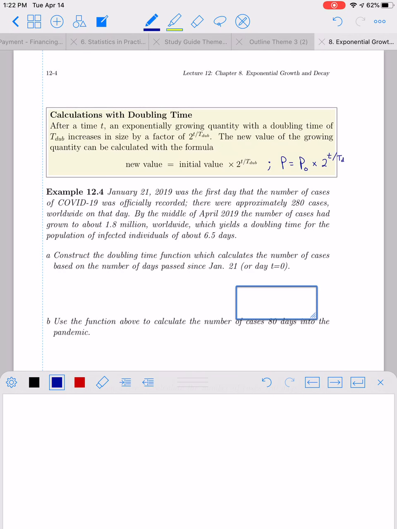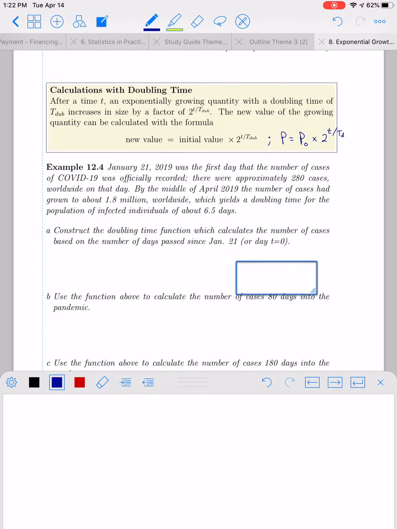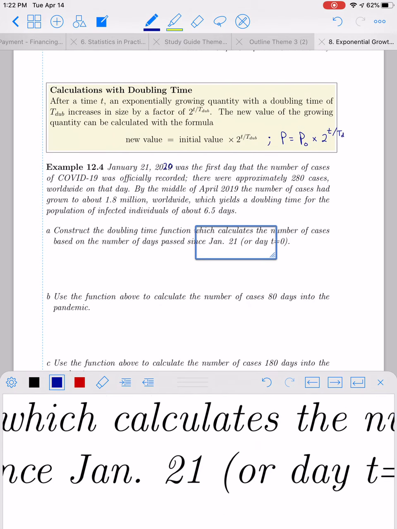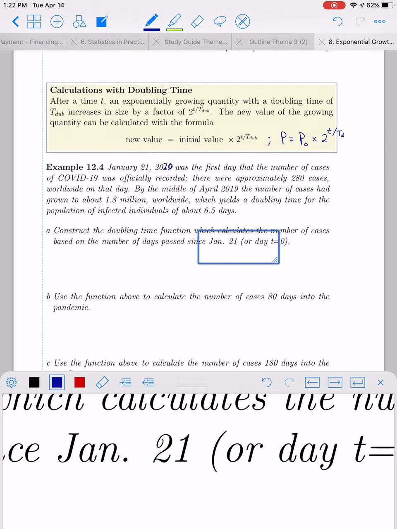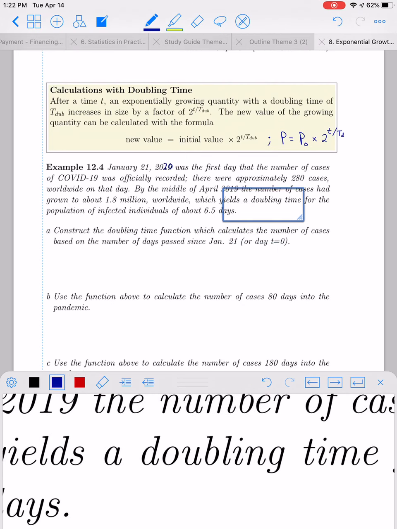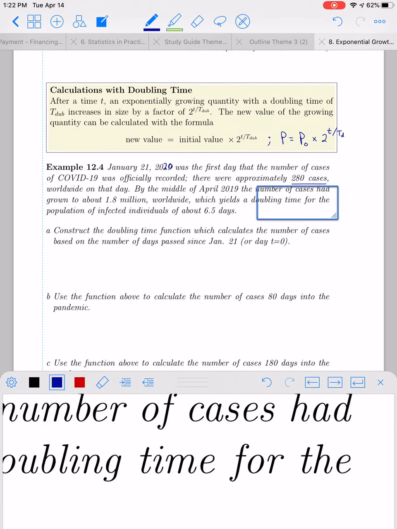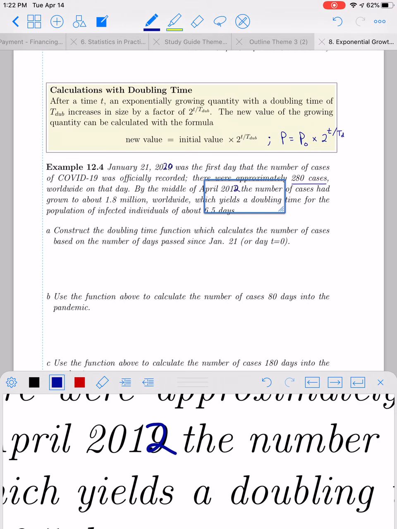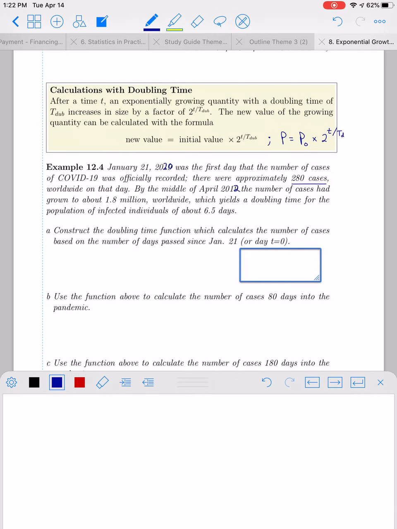So an appropriate example to look at is one involving COVID-19 infections. On January 21st, 2020, was sort of the first official recording of the number of cases of COVID-19 infections. On that day, there were approximately 280 cases recorded worldwide. By early April 2020, the cases had grown to about 1.8 million worldwide.